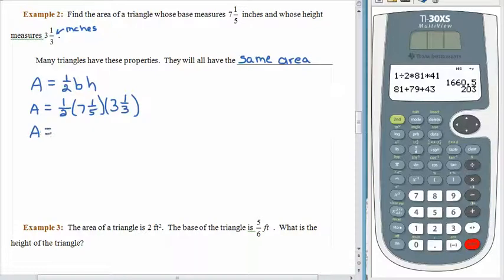Yeah, it's good stuff. We have 1/2. We would need to take the 7 1/5 and write it as an improper fraction. 5 times 7 is 35, plus 1 is 36, so that's multiplying by 36/5. 3 1/3, 3 times 3 is 9, plus 1 is 10, multiplying by 10/3. Looking around for common factors. 2 times 5 is 10, so 10 is a common factor for the numerator and denominator. 3 goes into 36 12 times.